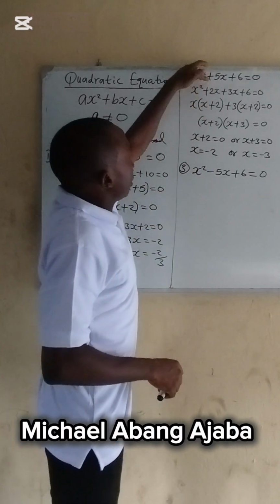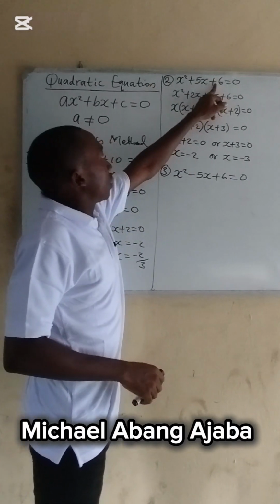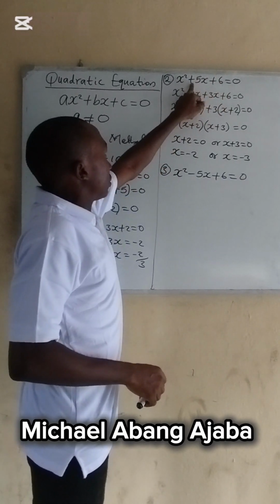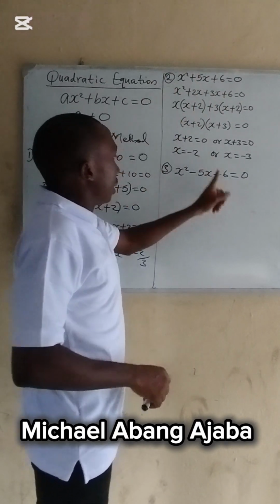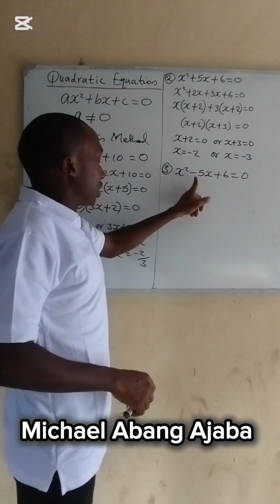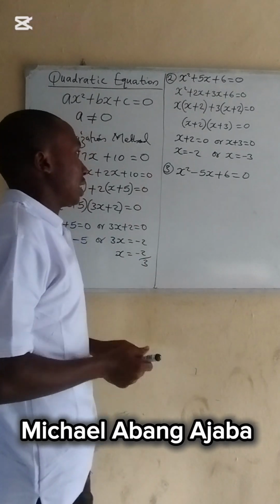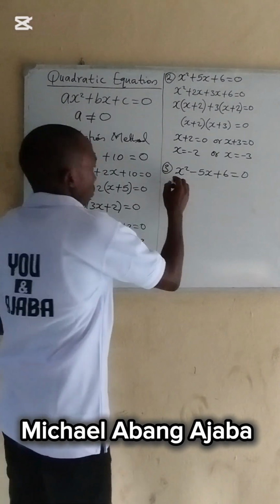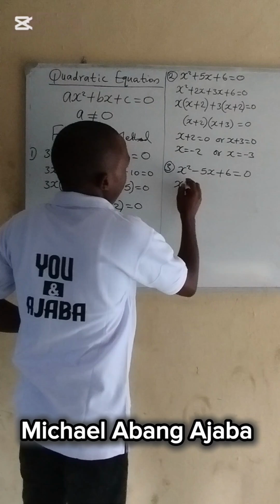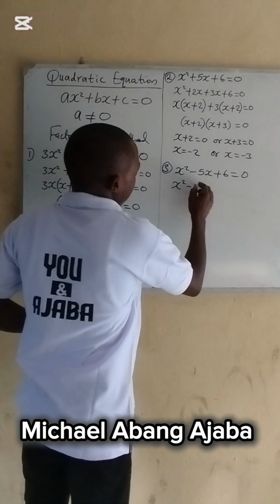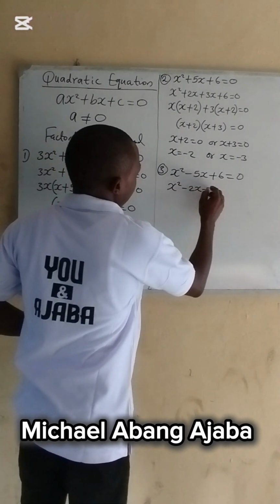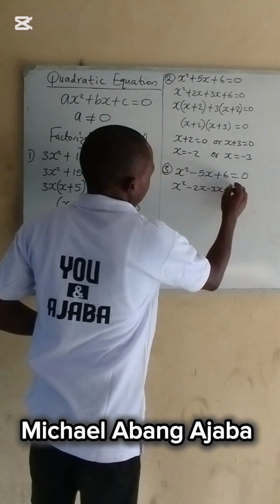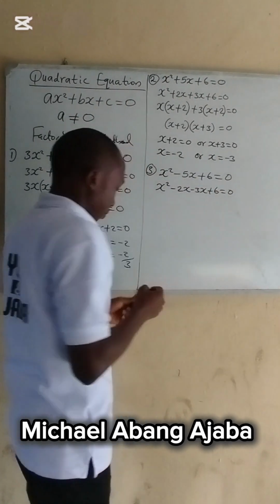So the two numbers are all going to be negative. Look at the second example. Here we have this one positive and this one positive. So the two numbers are all positive. Here this is positive, this is negative. The two numbers are all going to be negative. And the two numbers we're going to pick are minus 2 and minus 3.